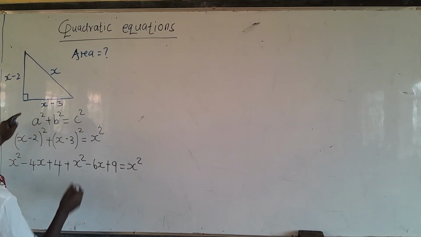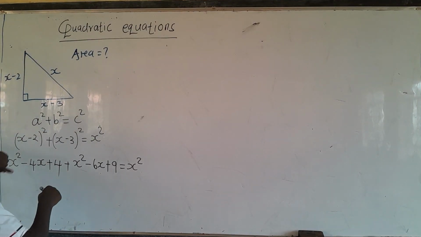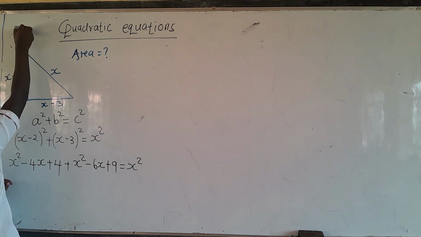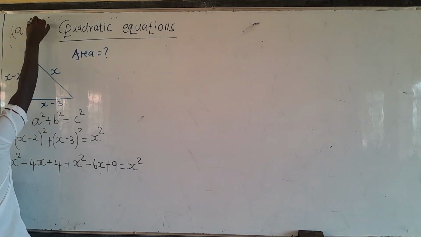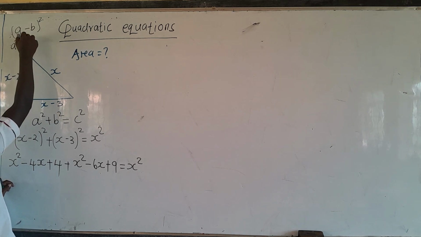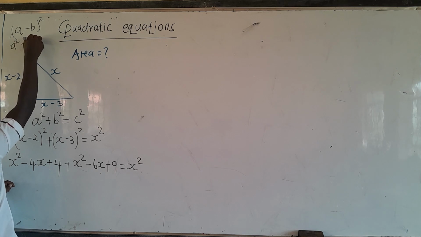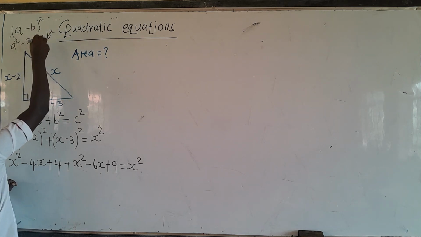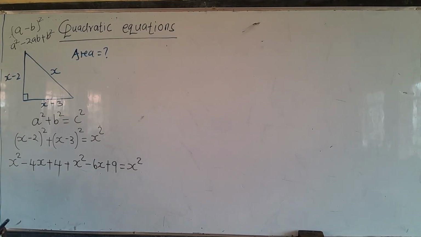These are identities I just used: a minus b squared can be written as a squared minus 2ab plus the last term squared.